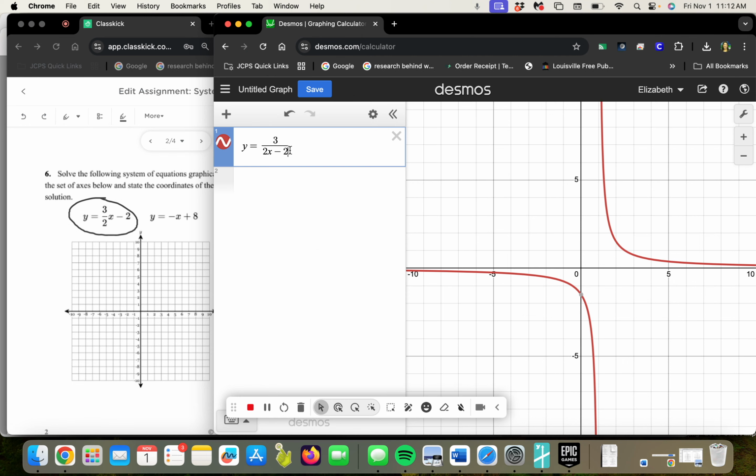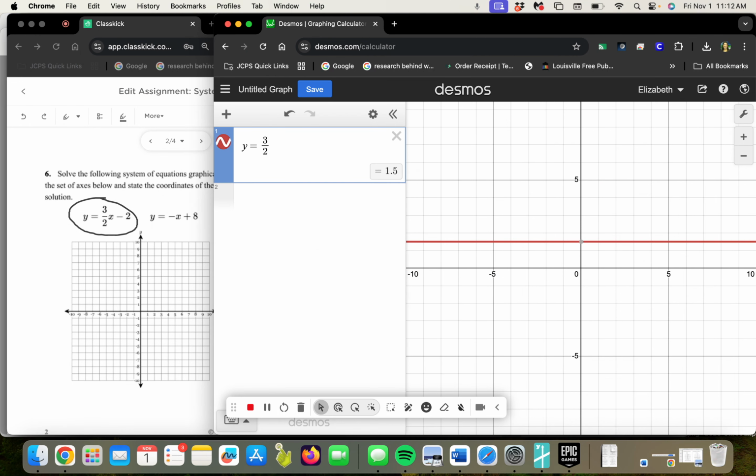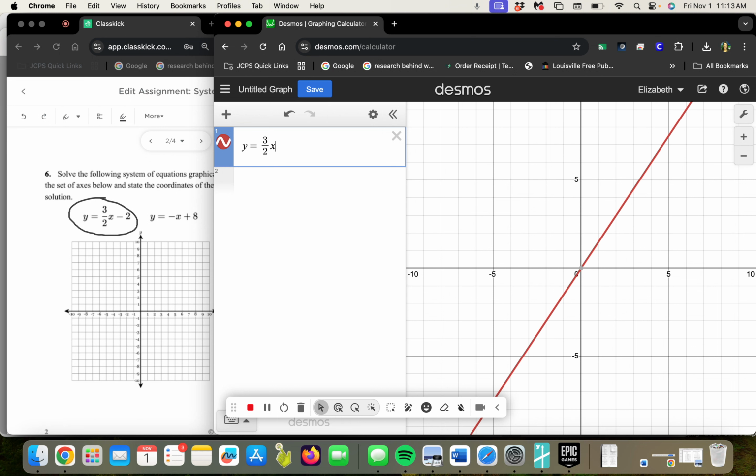The reason for that is, and I'm going to hit the backspace, when I did 3 divided by 2, I need to take my cursor and move it out to the side so that the x goes out next to it, not underneath the fraction bar. And then I hit minus 2. So now I have something that looks more like a line.